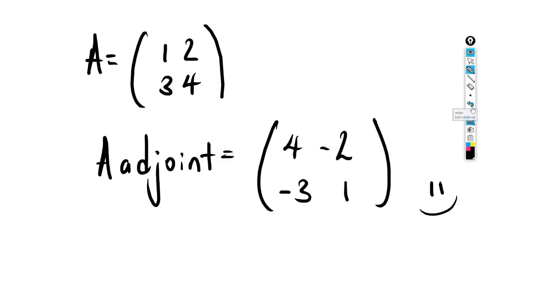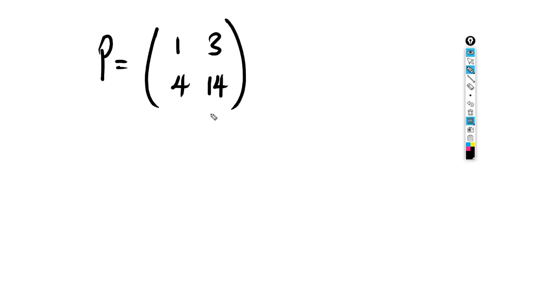Let's do two more examples. Next example, let's use P is equal to 1, 3, 4, 14. To find P adjoint, we can just say ADJ for short, which means adjoint.